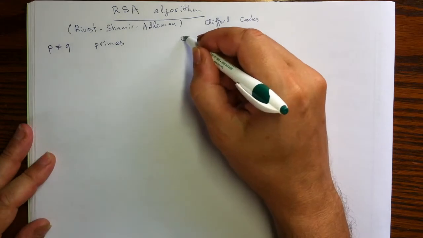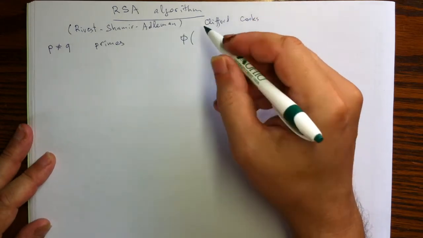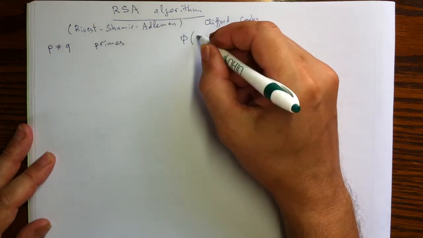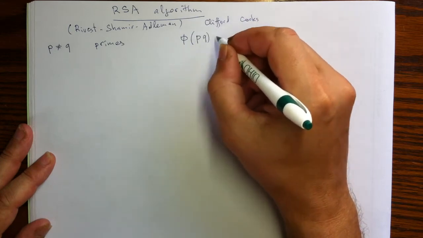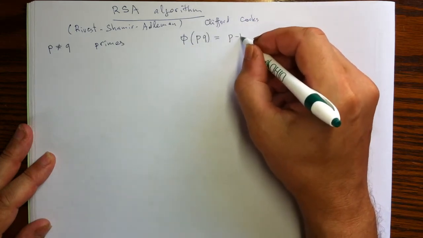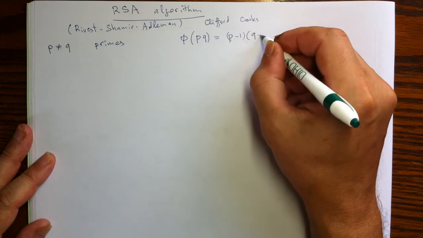And of course the Euler function, which controls the cycling behavior of powers modulo this modulus, is the product of P minus 1 and Q minus 1.